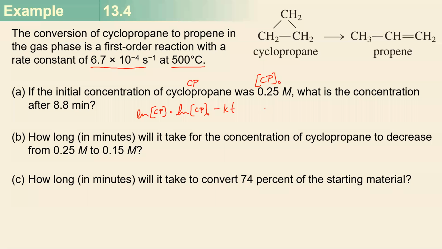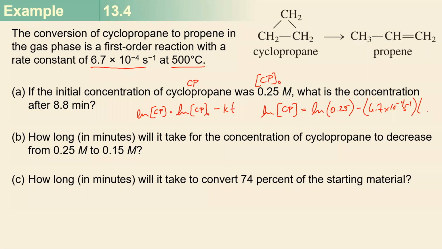We can do this. So the natural log of the concentration is equal to the natural log of the initial concentration, 0.25, minus k, 6.7 times 10 to the negative 4 per second, and our time.